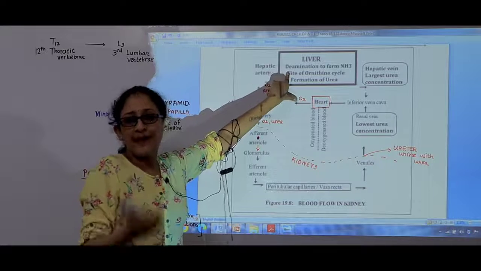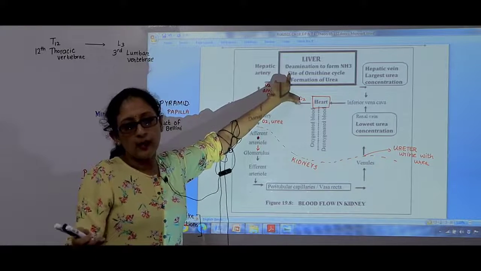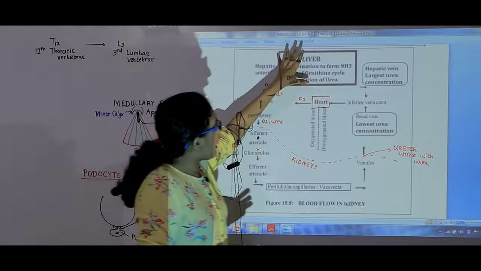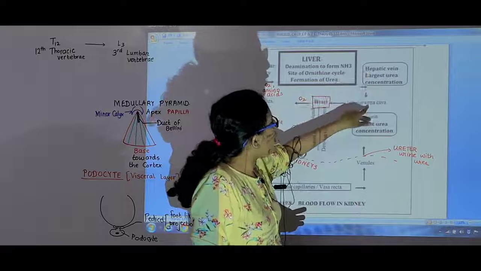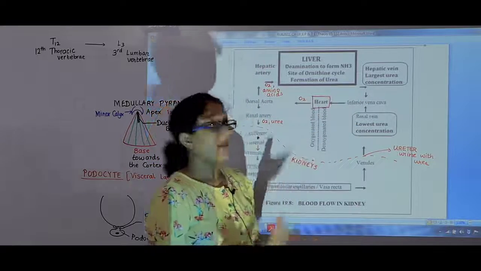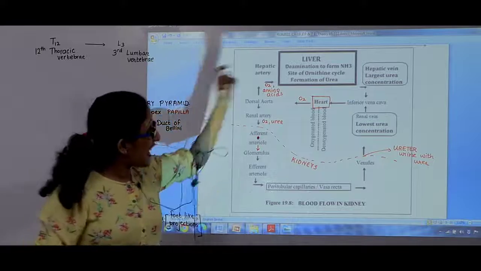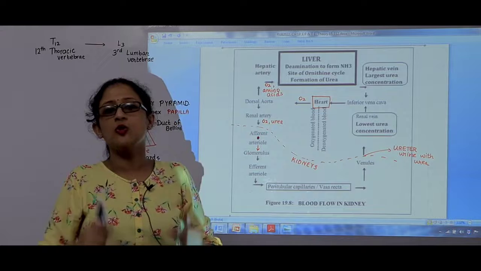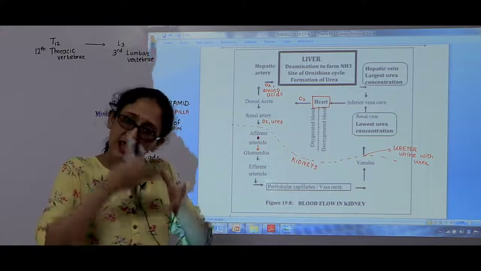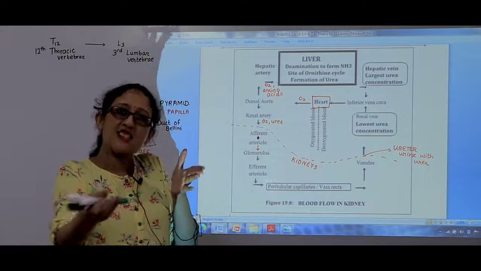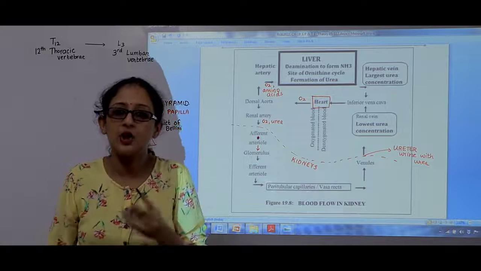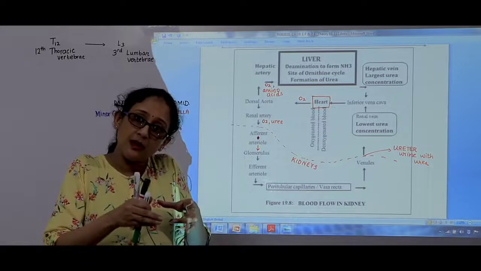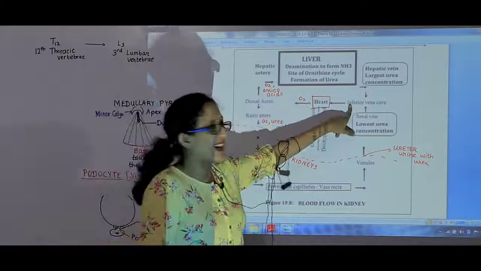In the liver, deamination takes place to form ammonia, and then that ammonia gets converted to urea, and that urea comes out of the liver. Understand, the hepatic vein has the largest urea concentration because the liver is producing urea. Because the liver produces urea, the blood vessel coming out of the liver, your hepatic vein, will have maximum urea. But then even that gets mixed up in the inferior vena cava.